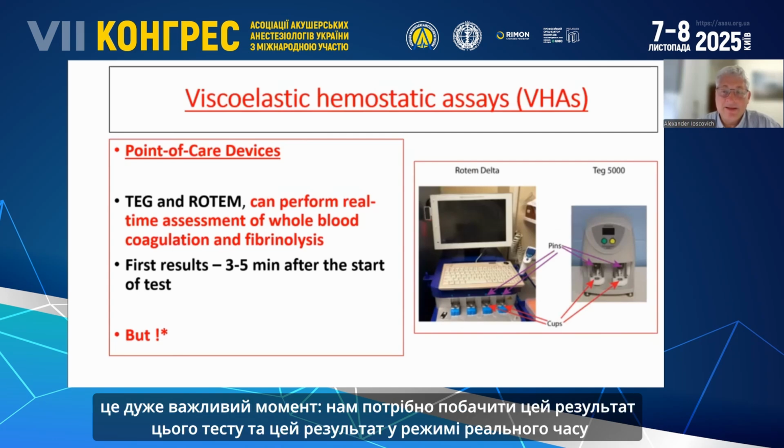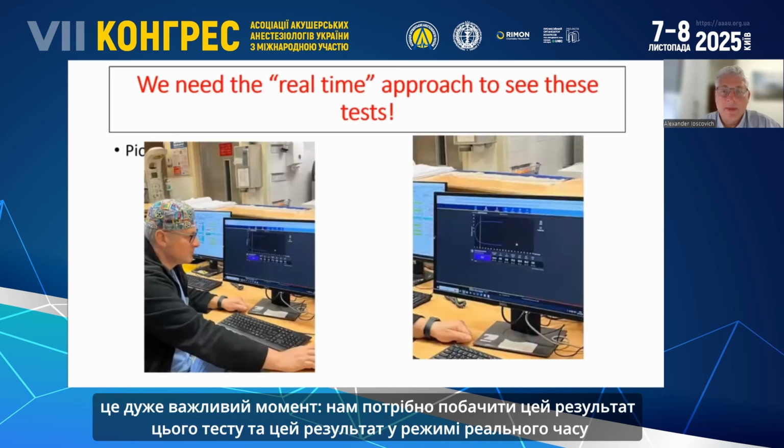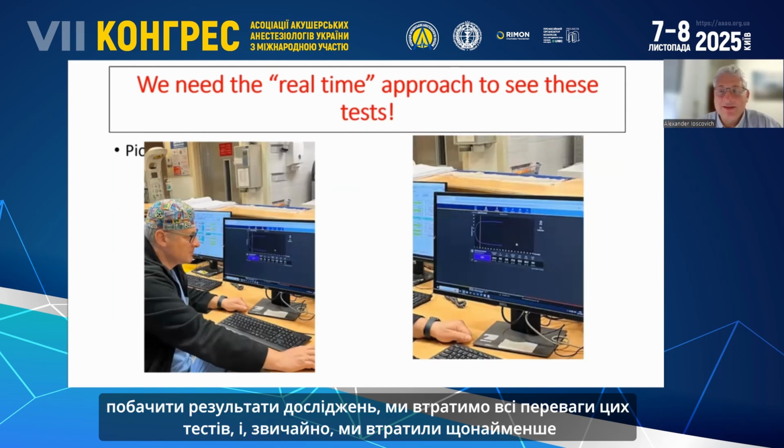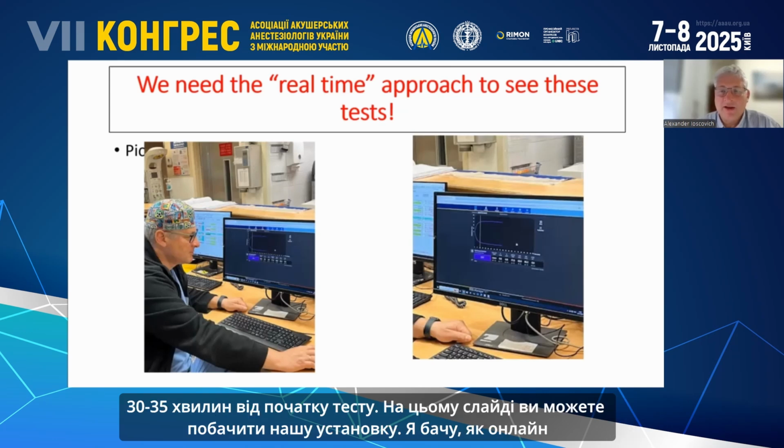But, and this is a very important point, we need to see this test and its result in real time on our computer in the operation room or close to the operation room. In case we are not able to see live results, we will lose all the advantages of these tests. And of course, we lose time, minimum 30-35 minutes from the start of the test.